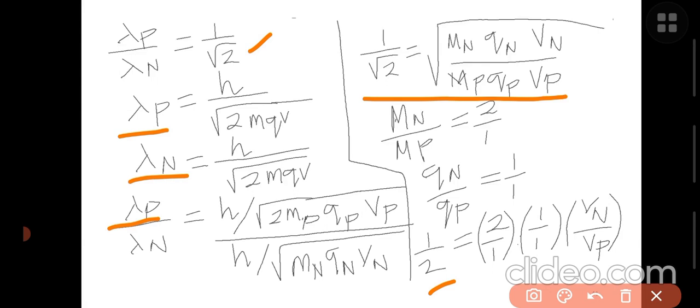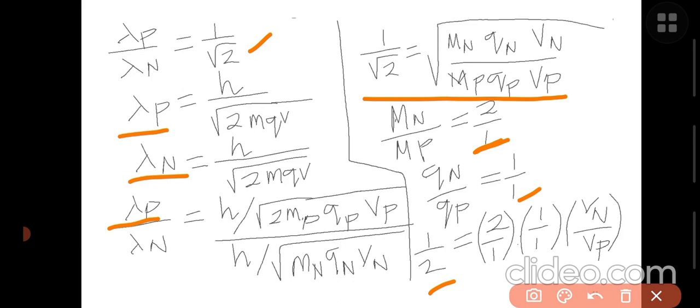The mass ratio of neutron to proton is 2 by 1. This is the property. The charge ratio neutron to proton is 1 by 1.